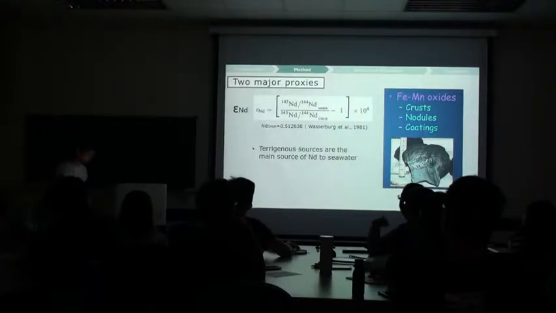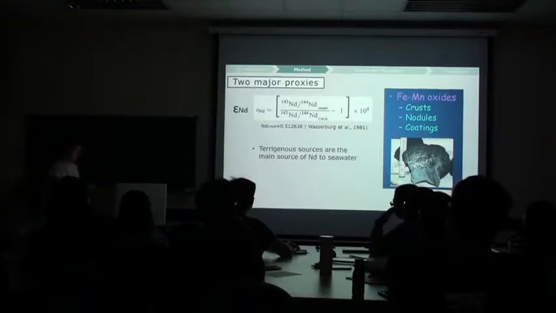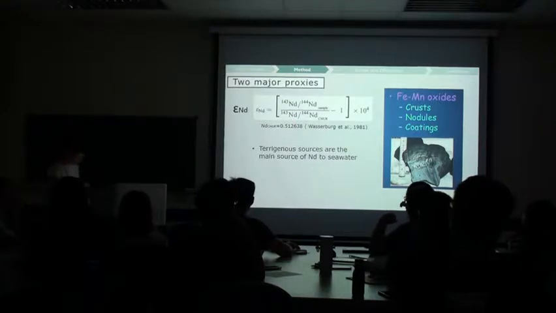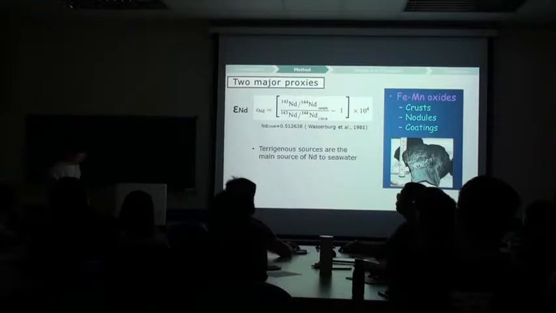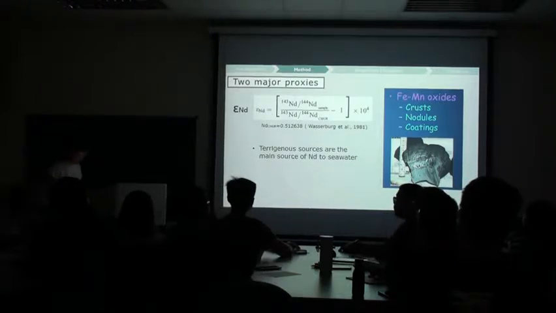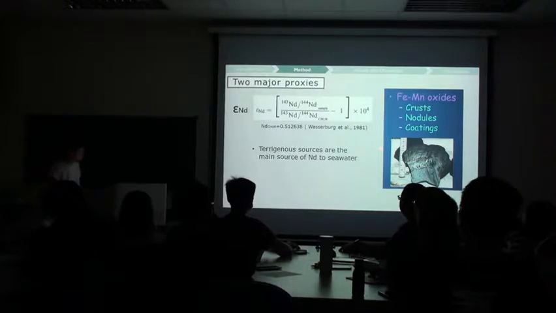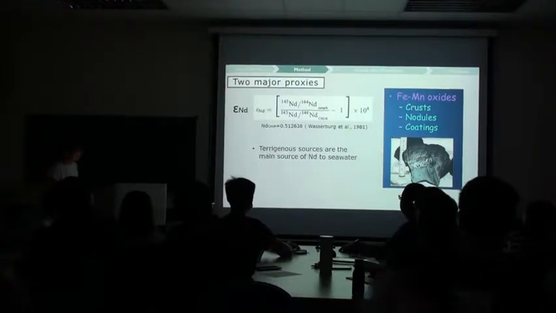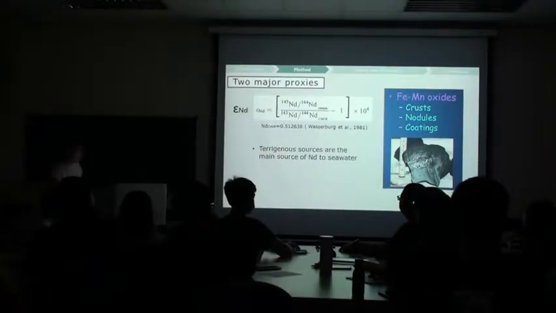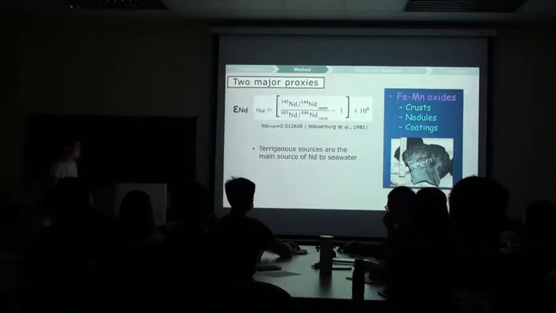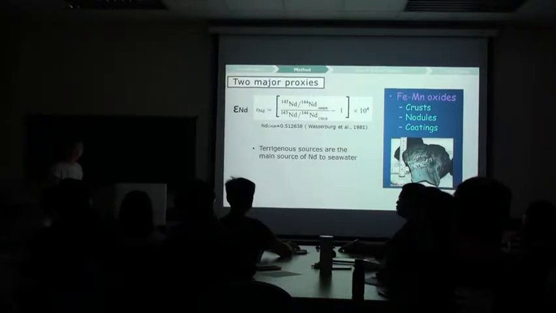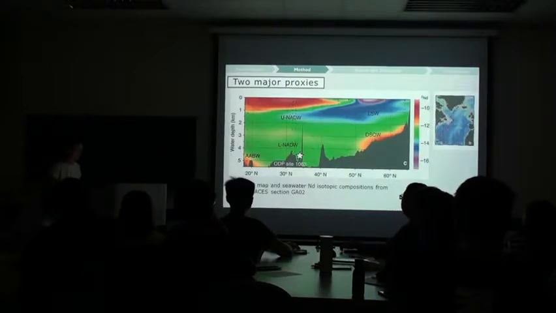One is neodymium, and this is the formula of the neodymium isotope values. It is added from the ferromanganese oxide, and its original sources are the main source waters.